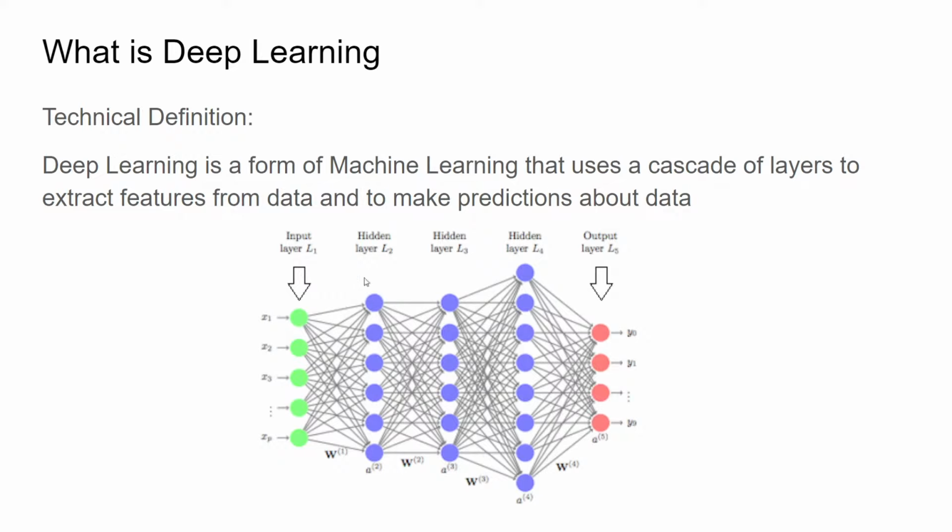As you can see, we have shown a sample model, where this is the input layer with x1, x2, x3 up to xp. So it will be a p-dimensional input vector fed into our model, and our model's job is to predict some output, which is again some y0, y1, y2, up to y9, a 10-dimensional vector.